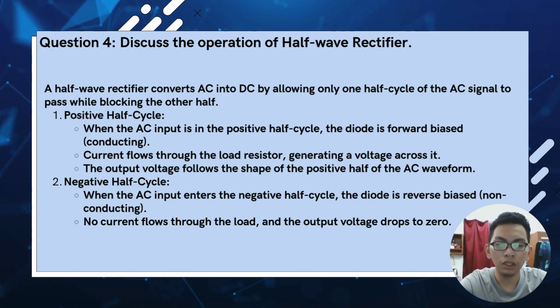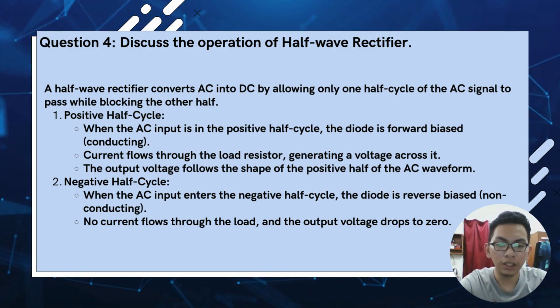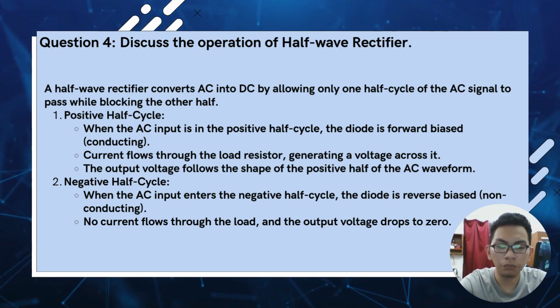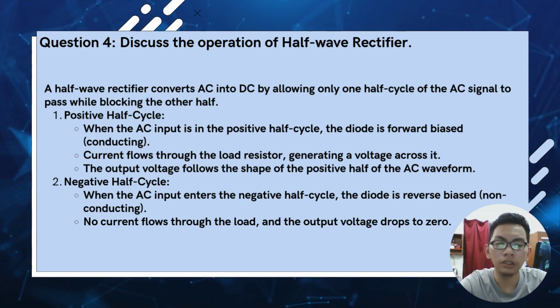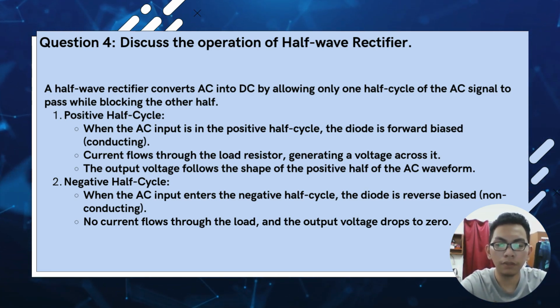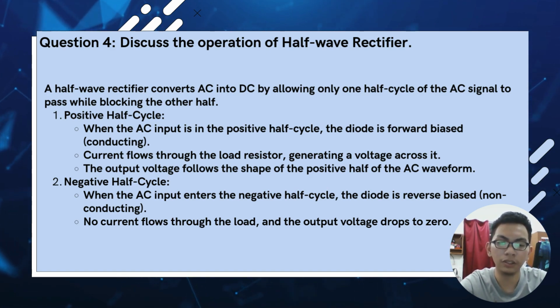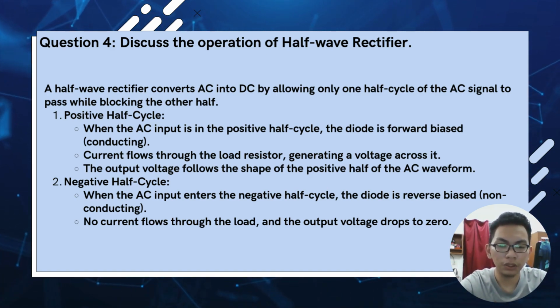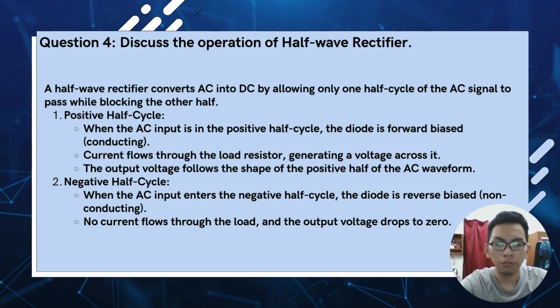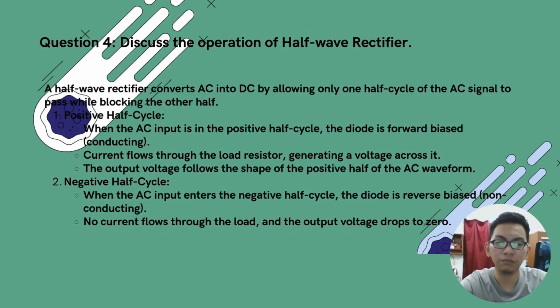However, during the negative half cycle, the diode is reverse biased, preventing current flow, and the output voltage drops to zero. As a result, the output consists of only the positive half cycle of the AC signal, producing a pulsating DC voltage that requires further smoothing for practical DC applications.